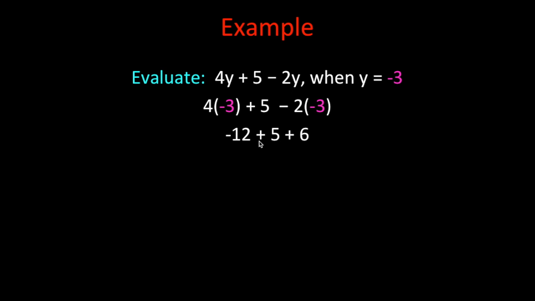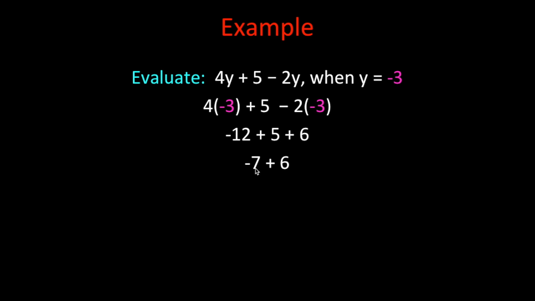Now because you have addition and subtraction, or the positive and negative signs, you're going to start from left to right. So -12 plus 5, because you're adding two numbers with different signs, you're going to subtract and keep the sign of the larger number. So you subtract that, 7, and 12 is larger with the negative sign, so your answer is negative.